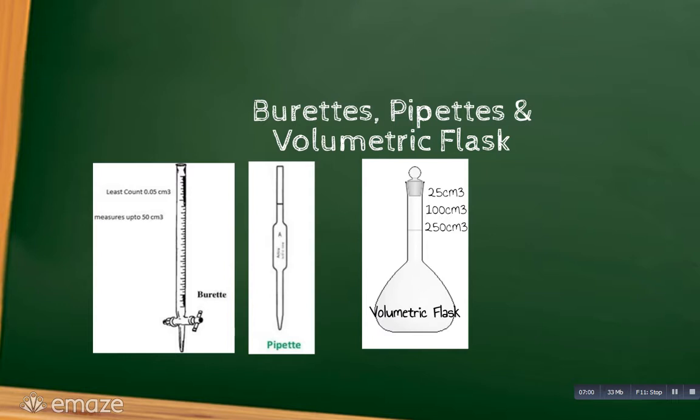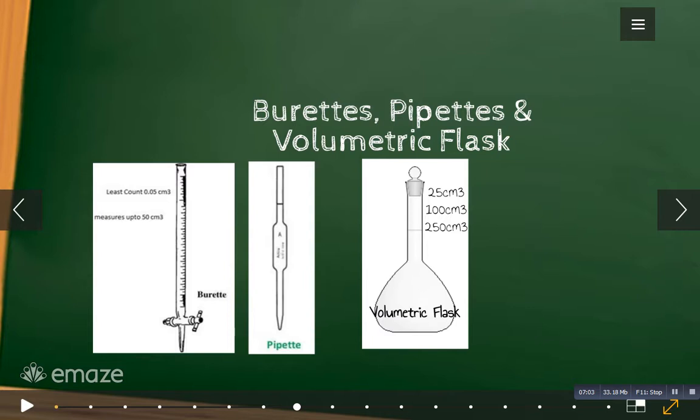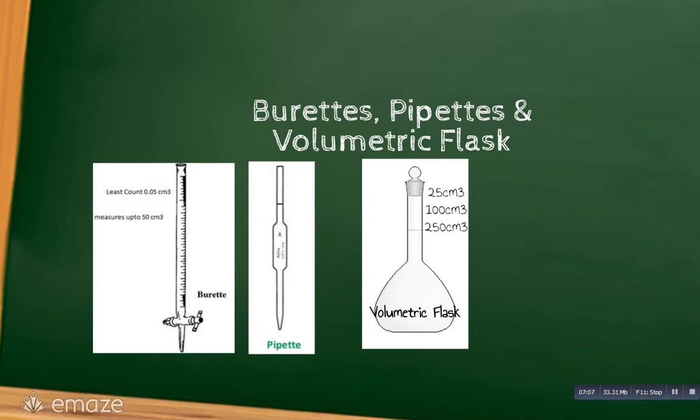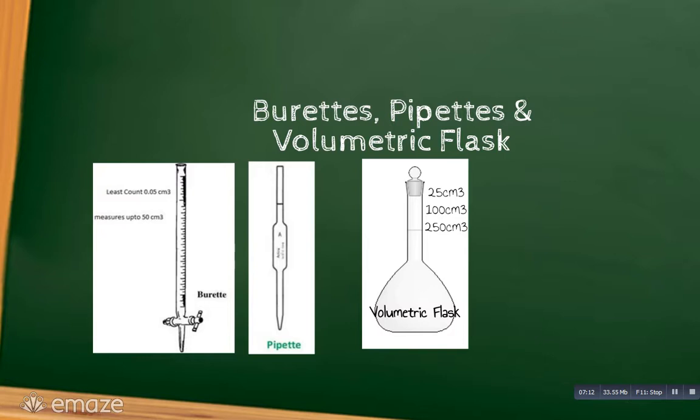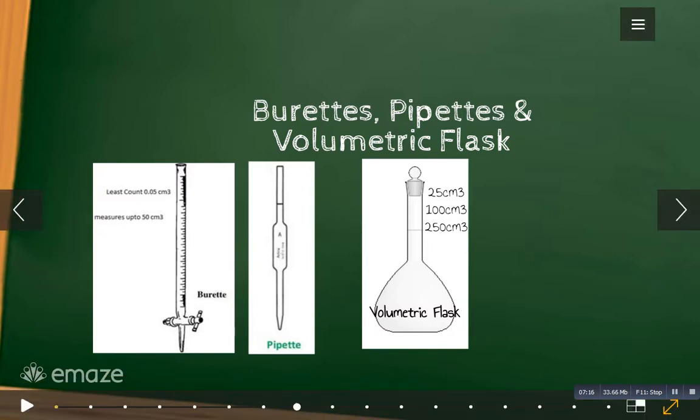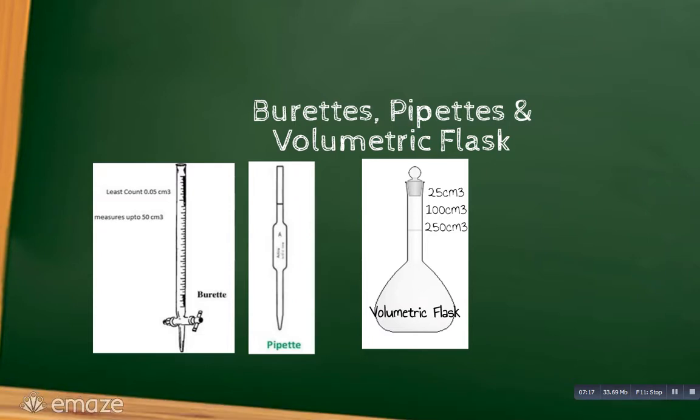The next thing is the volumetric flask. Now, a volumetric flask comes in sizes from 25 centimeter cube to 250 centimeter cube, and also 100 centimeter cube. It is used to make a solution of a specific concentration, and it is filled right up to this line.